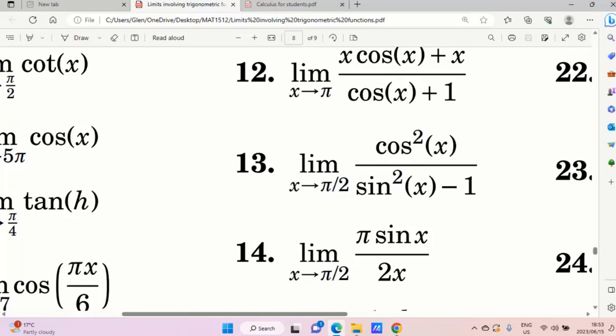Lerato, what did you get? +1. Okay. Simon, sir. Yes, Simon. +1. Thank you. Ndumiso, what did you get? I got 0/0, sir. Meaning you've got 0/0.